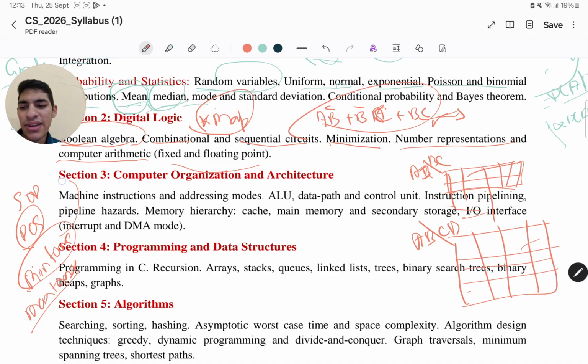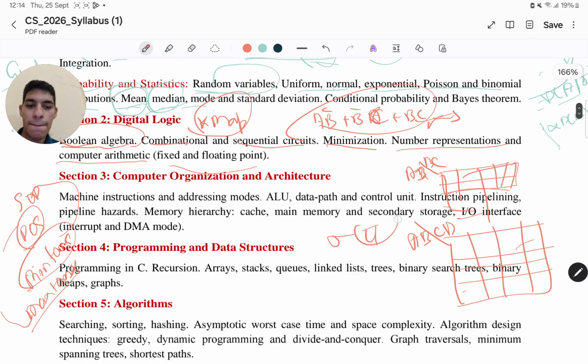The min terms refer to the SOP and the max terms refer to the POS. Sometimes they also refer to sigma and pi. Pi refers to POS and sigma refers to SOP, again the same things. You just need to make a good note of which refers to which, so that they can't confuse you and your concepts are very clear.